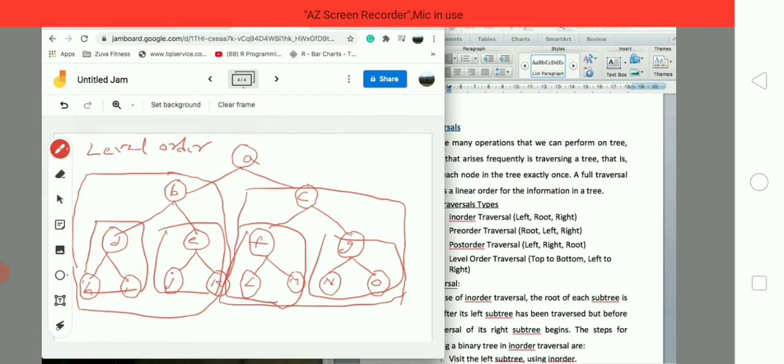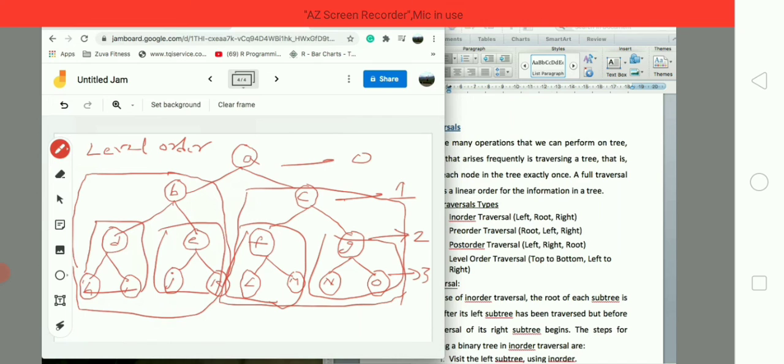After that the next level is B, C. So it checks each and every node as per levels. We already discussed what the levels are. Here we have 4 levels: 0, 1, 2, 3. From top to bottom it checks the levels, and after that left to right it checks each and every node.